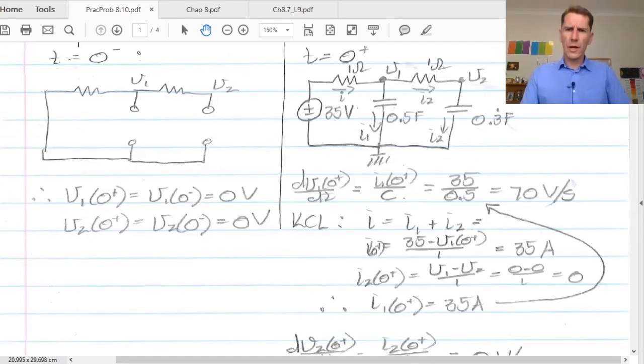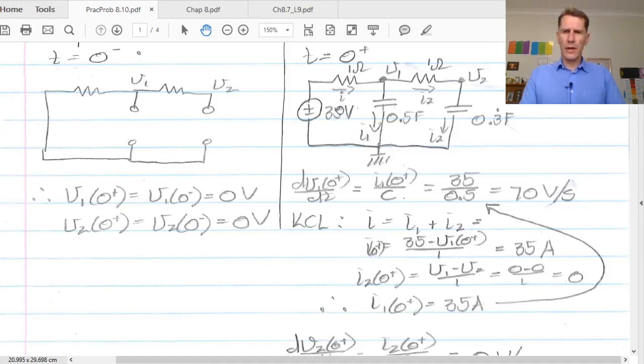Okay, so which current am I actually looking for? Well, we're going to need both I1 at 0 plus and I2 at 0 plus. So we've only written out dV1/dt at 0 plus, but we know we're also going to need dV2/dt at 0 plus, which will then need I2 at time 0 plus. So we need to solve for both of these. Now initially we're going to start with I total, I at 0 plus, that one over there.